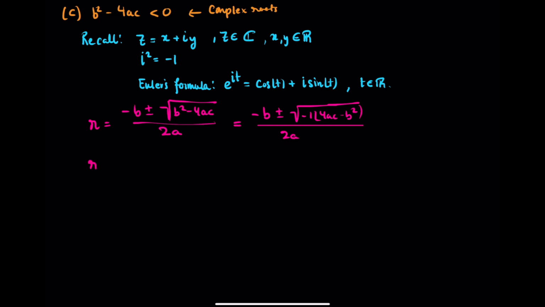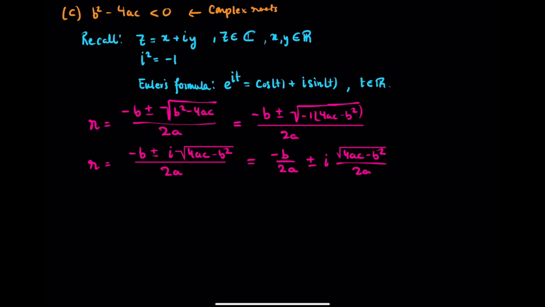So r equals minus b over 2a plus or minus i times the square root of 4ac minus b squared over 2a.